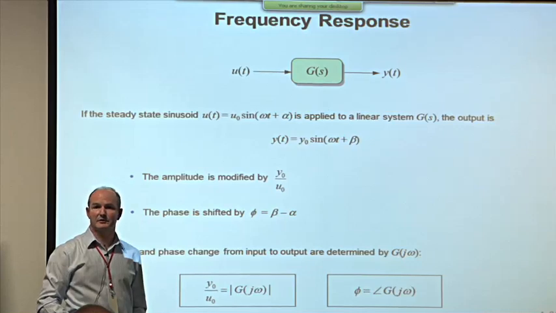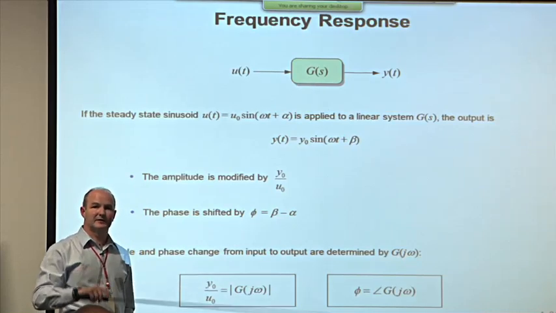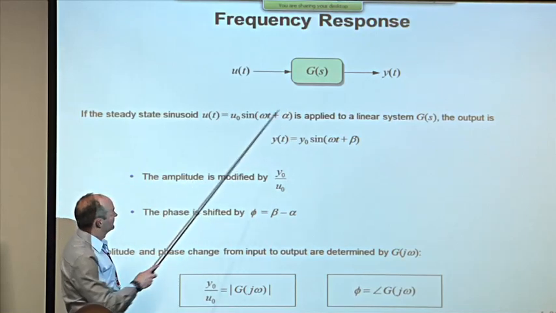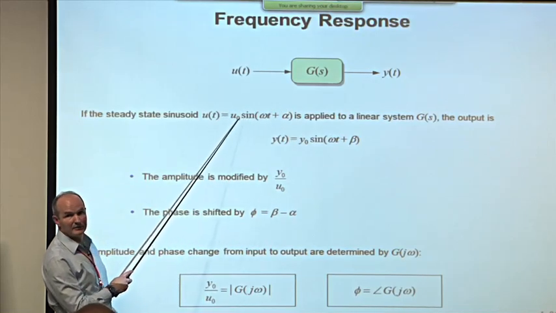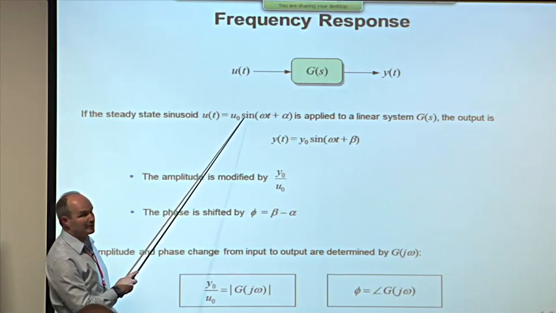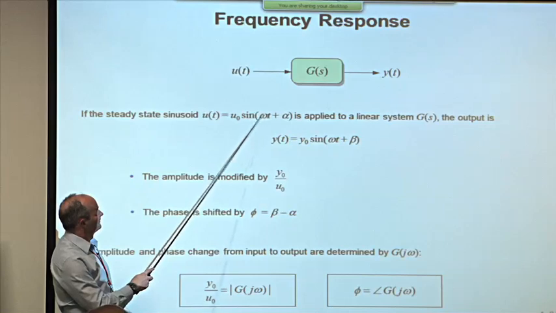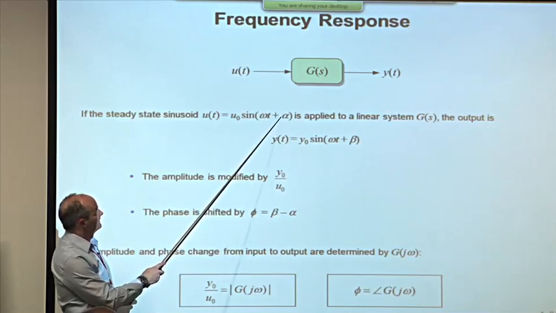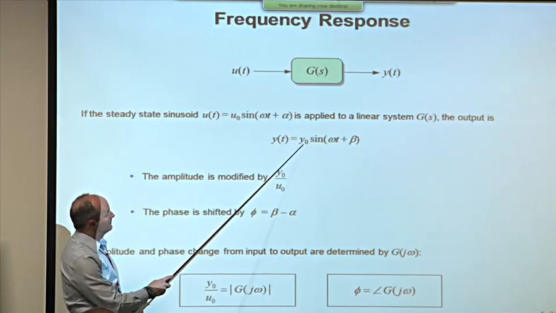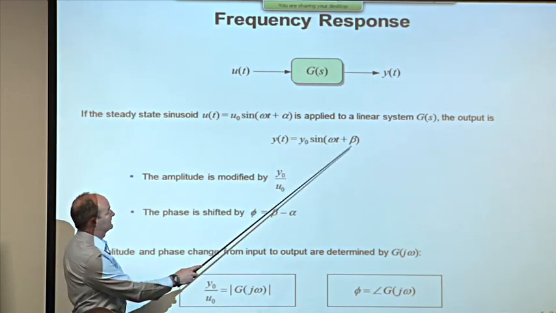In general, both of them will change with frequency, but the frequency never changes through a linear system. So if I subject the system to an input of u0, say u0 is some real positive number which defines the amplitude of the input sinusoid of frequency omega and phase alpha, the output is a sinusoid of the same frequency, but its amplitude may be different, as may its phase.